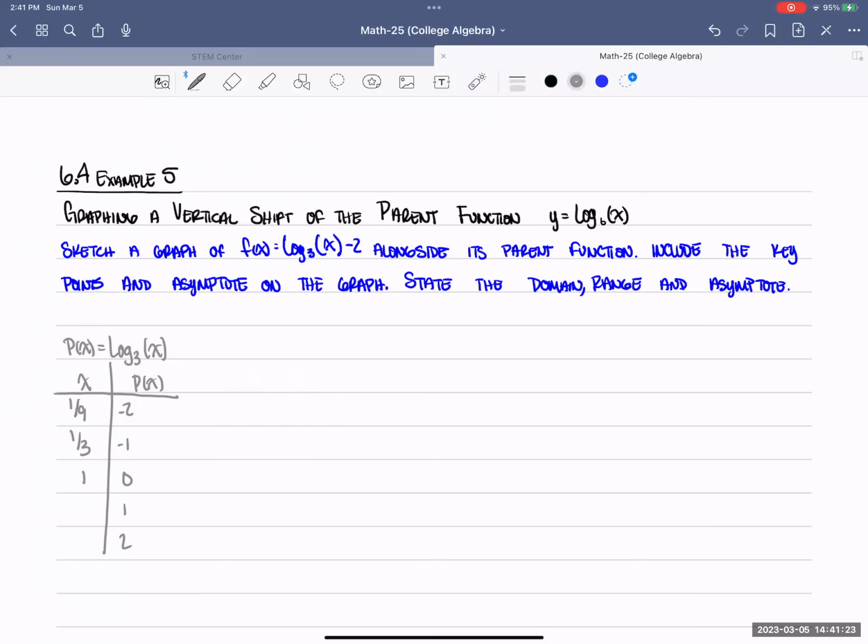And moving on to 1, when we output 1, 3 to the power of 1 gives us 3. So we input 3. 3 to the power 2 gives us 9.